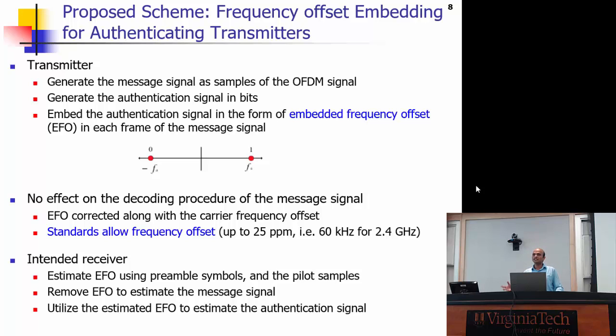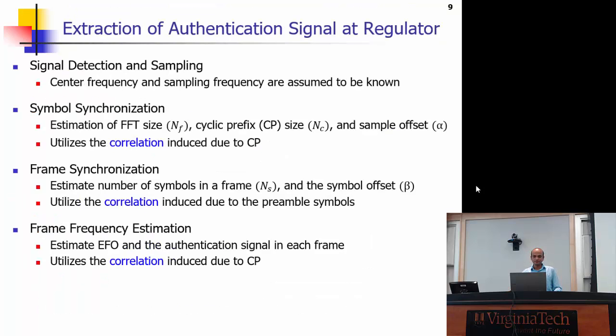So an oscillator could be designed with this much frequency offset. But usually what we have in the market has very low error. Generally, Cisco claims that they have oscillators with 1 ppm, which means that we have a very large margin between the actually designed oscillators and the IEEE standard. So we could use that small margin to actually embed the authentication signal.